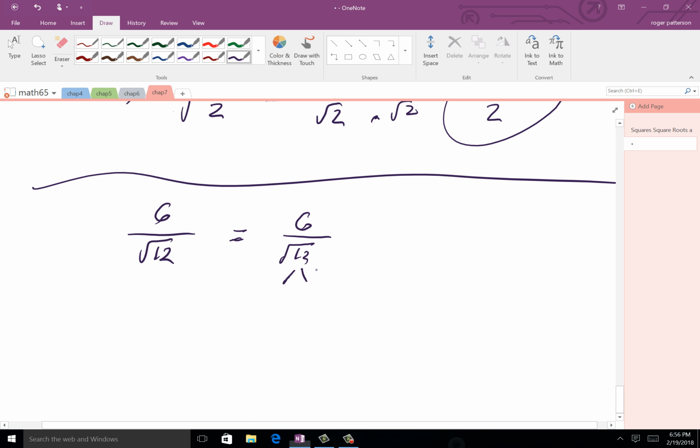So what does the 12, what is that 12 going to break down into? Break down to what? 4 and 3. Okay. So that means we're going to have 6 over what now we're going to have in the bottom now? 2 square root of 3. Okay. We see here, yeah, that can be reduced.